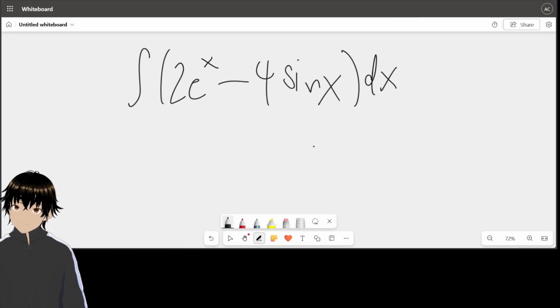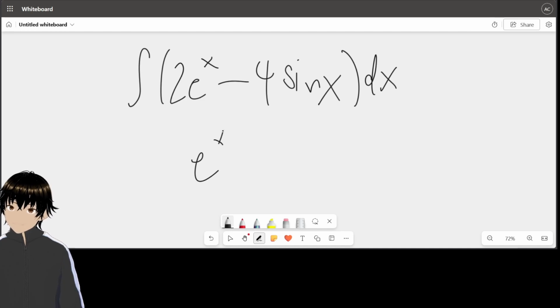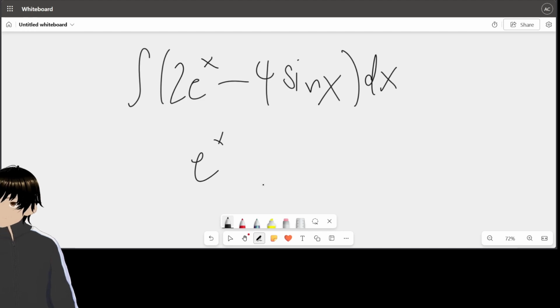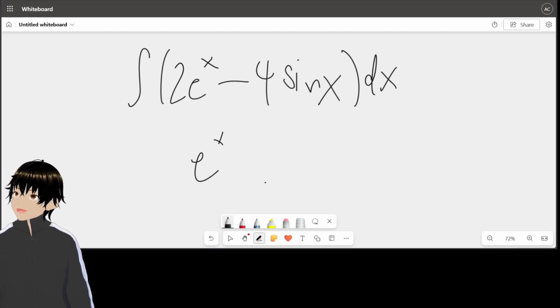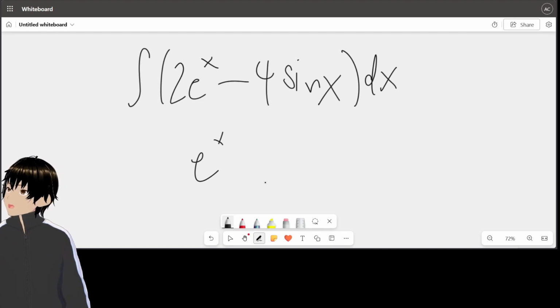Okay, so what he basically did is, you have e^x right here. Since the exponent is just 1x, nothing really changes. And e is basically just 1. I think it's just Euler's number, 2.718 something.